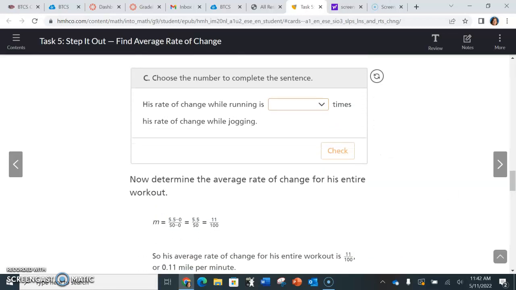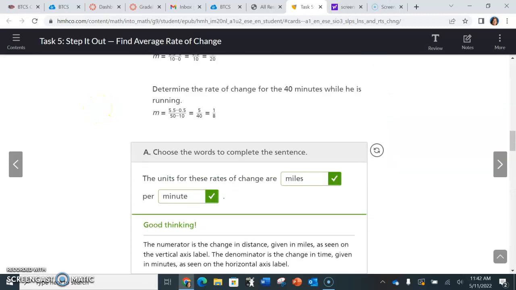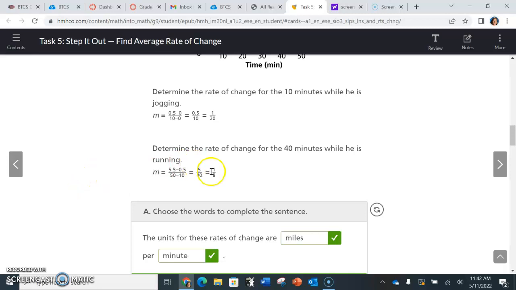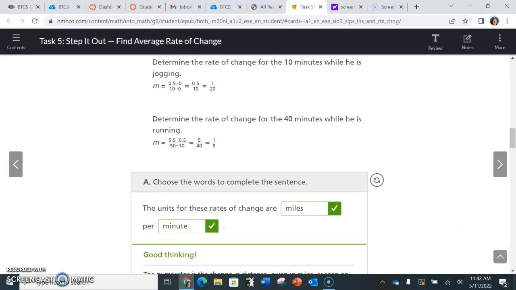So it says choose the number to complete this sentence. His rate of change while running is, all right, so his rate of change while running is 1/8, and while jogging is 1/20.